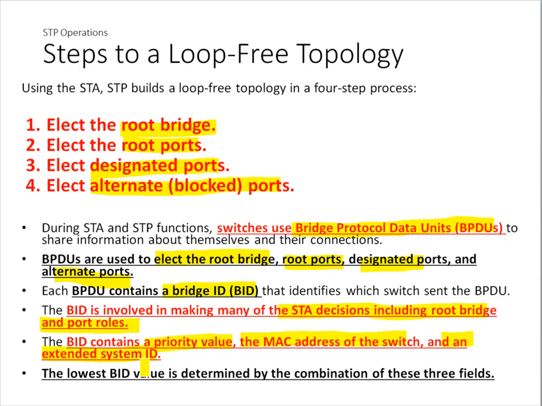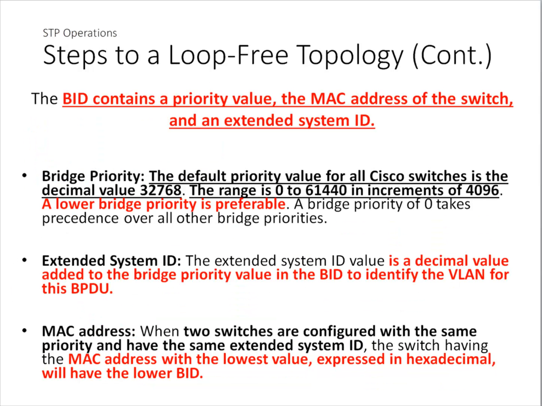The lowest bridge ID value is determined by the combination of these 3 fields: bridge priority, extended system ID and the MAC address. These are used for finding the BID.